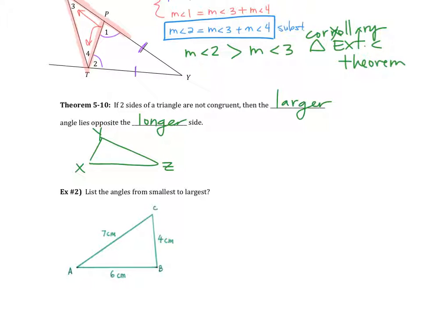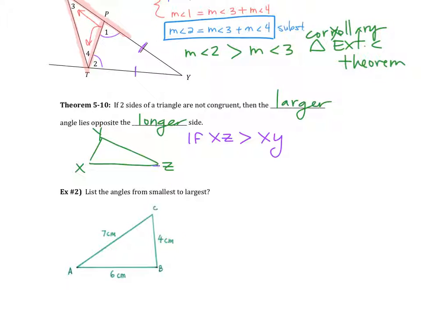So if you look at this picture, if I say that XZ is greater than XY, so the length of XZ is longer than the length of XY. What this theorem is saying is the angles across from those sides are linked to those sides.